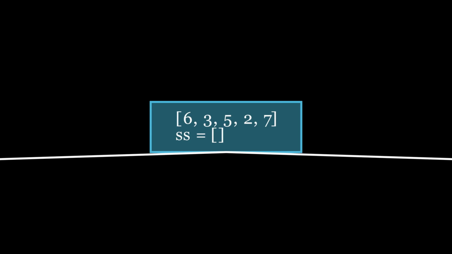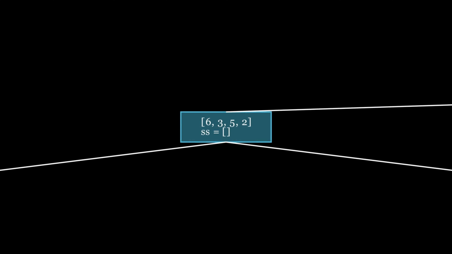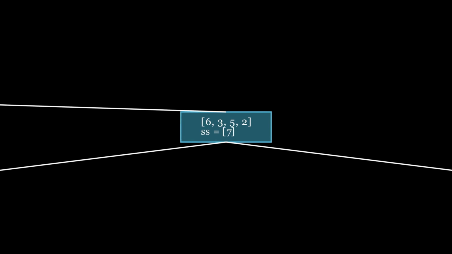Let's look at an example. Here we have a sequence 6, 3, 5, 2, 7. We then generate all of the possible subsequences of this sequence by choosing to include or not include the last number of each generated subsequence. In the first level, we choose to include or not include 7, the last number of the given sequence.